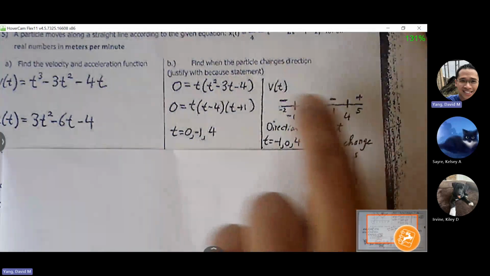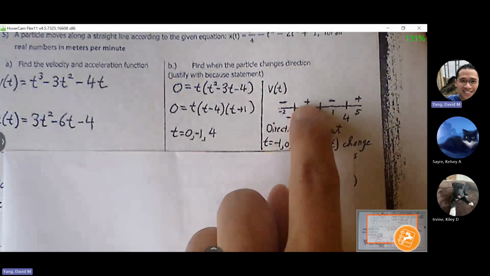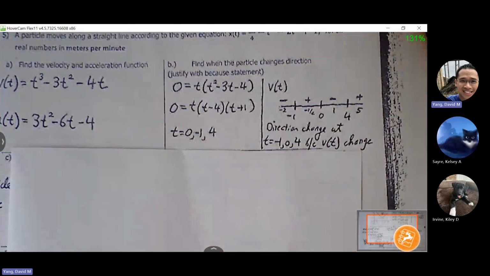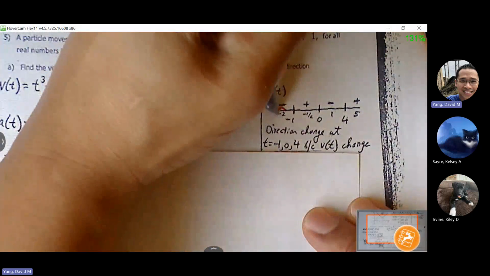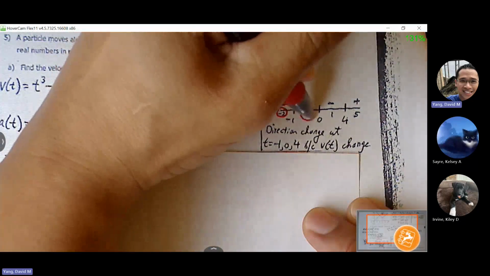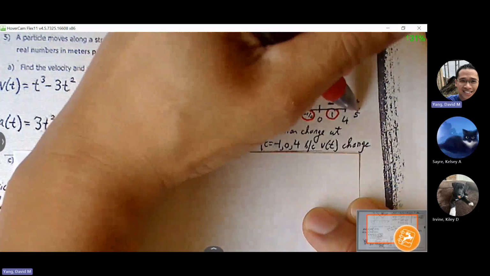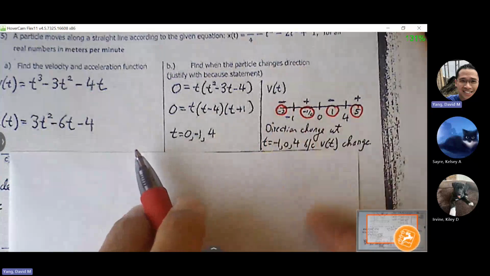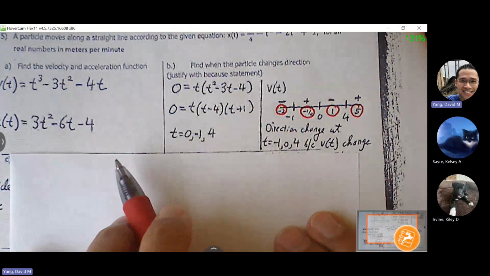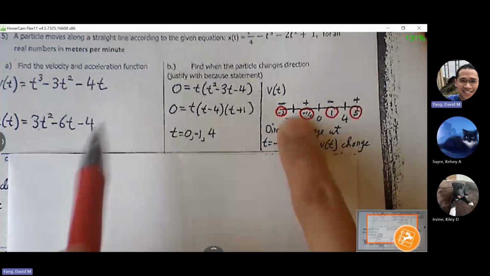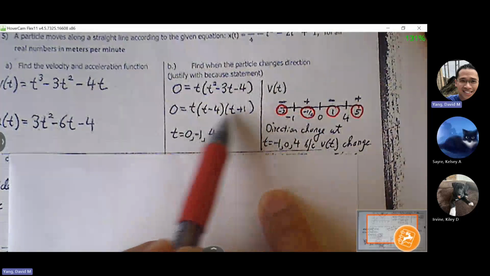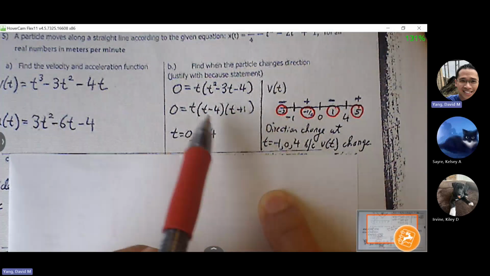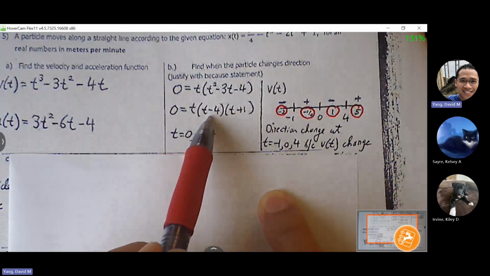Next up, we want to populate the signs in each interval. So I'm choosing numbers in each subinterval to plug into the velocity function. I have 4 regions, so I need to figure out the direction in each region. -2 in for t, I get a negative times a negative times a negative.